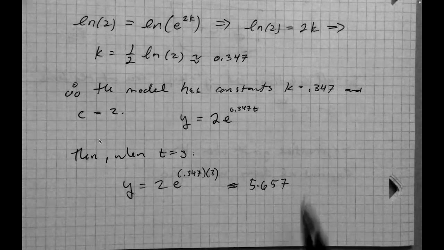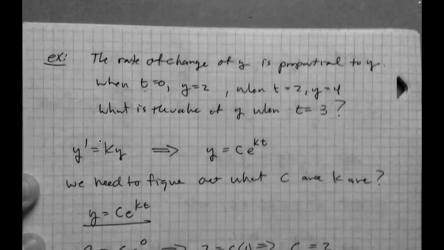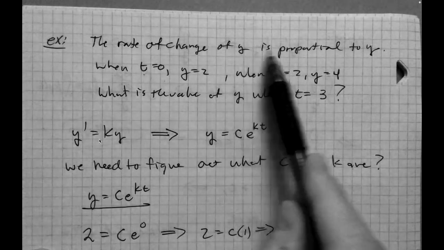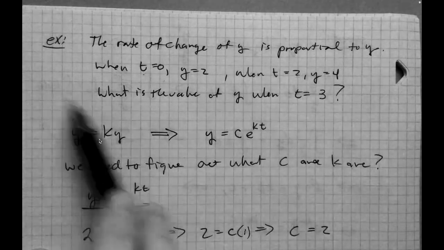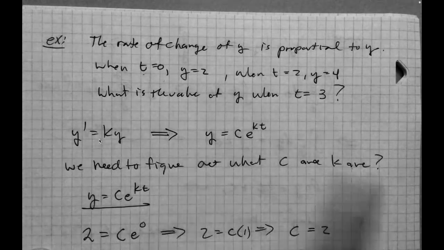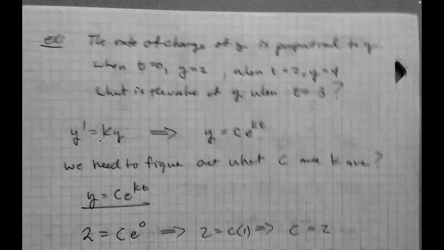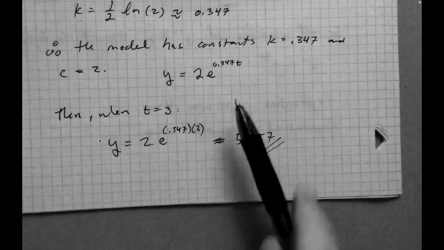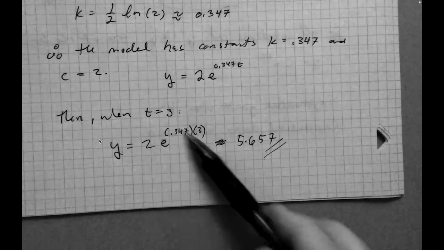So that's a good first example. We started with just the fact that the rate of change of y is proportional to y and some initial conditions, and from that we can spin out what the model must be for this scenario, and we can even identify values of y for additional values of t.